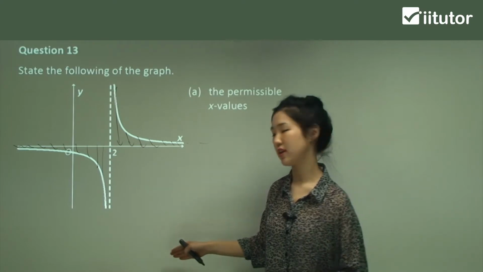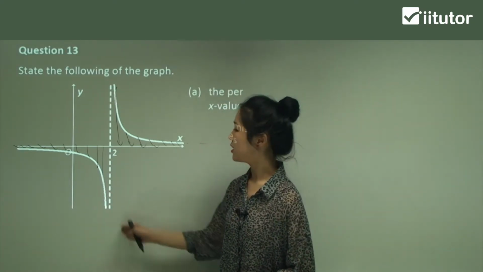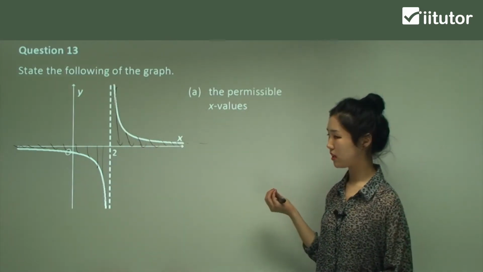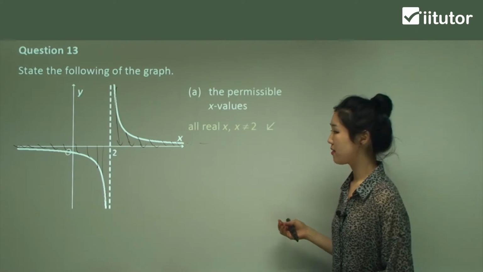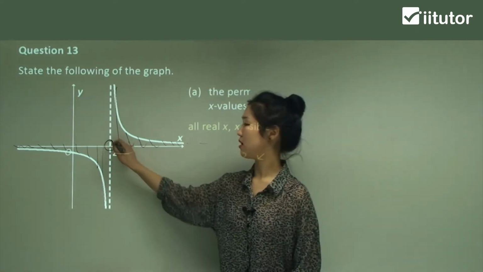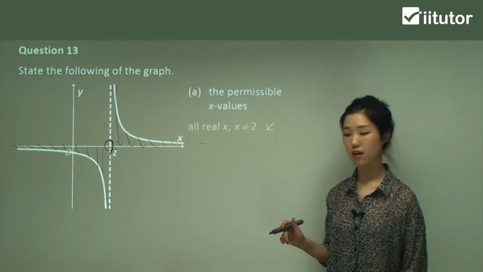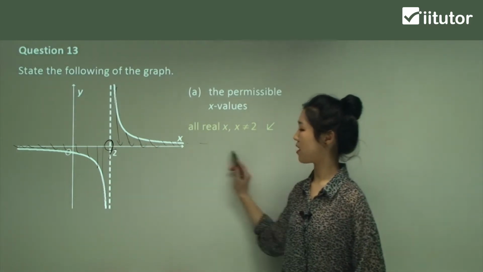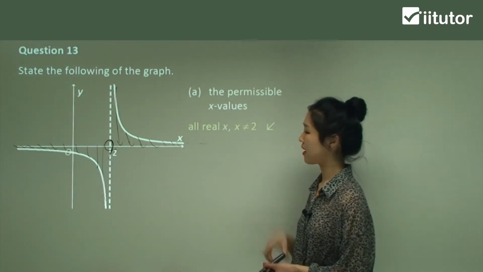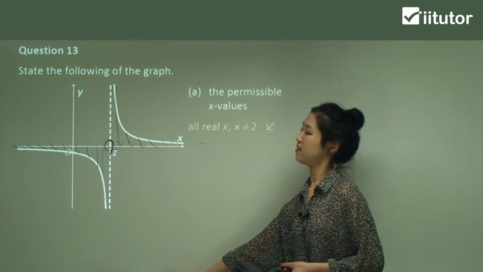The graph will never touch that asymptote. The graph tends to the asymptote but never touches it. So this point here is the only point where the graph doesn't touch. So the answer is all real values of x, but x can't be -2. x cannot be -2 because of that asymptote. But as you can see, all these other values of x represent the graph, except for -2. So this is how you should write it.